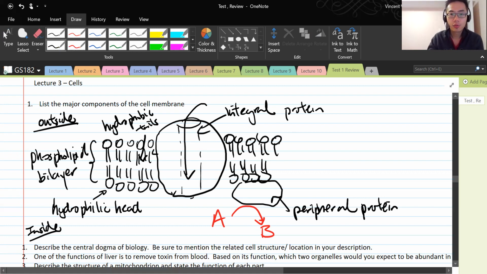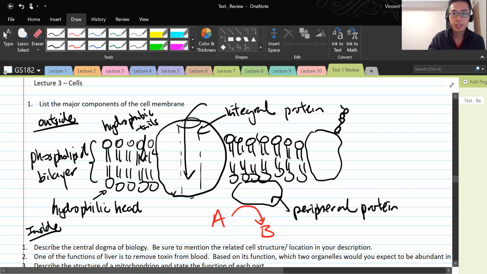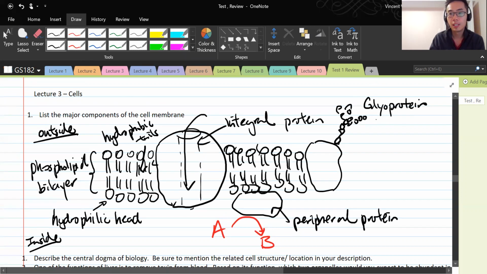You might have another protein here that has sugar on it. These are sugar molecules, so that would be a glycoprotein, which is useful for cell recognition.